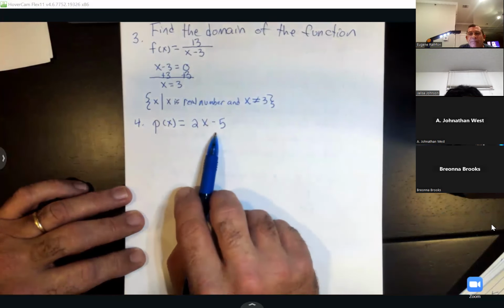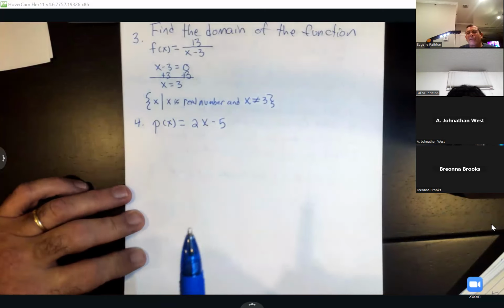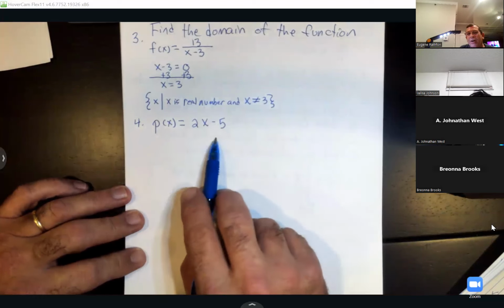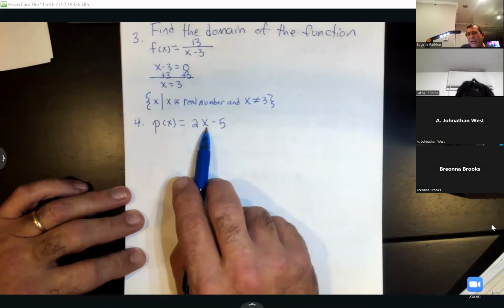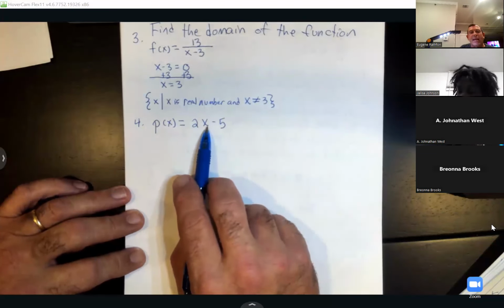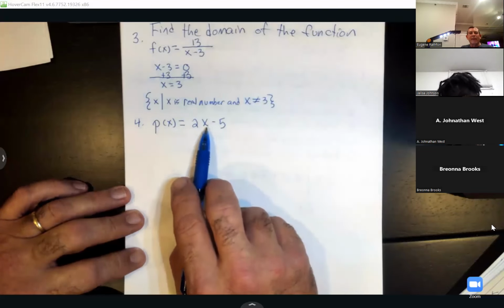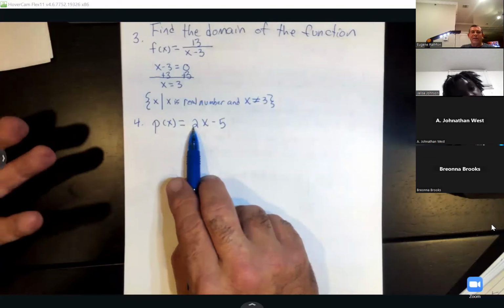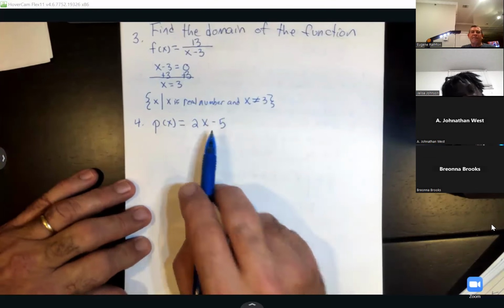Do you have a fraction? Since I don't have a fraction here, I don't have any restrictions on putting a number in for that x, can I? Because any number I put in for x, I can multiply by 2 and then subtract 5.